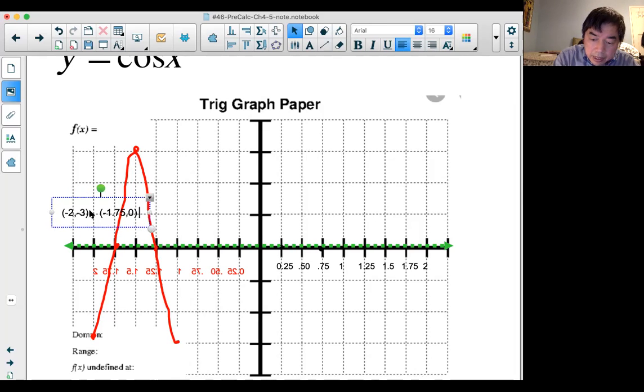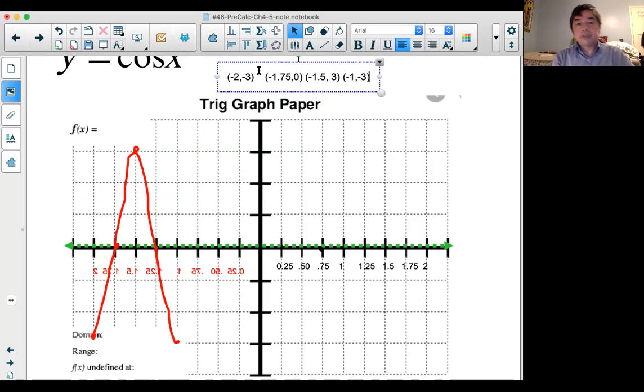And negative 1.5 and the max is 3. And again, 1, negative 1 and negative 3. Okay, so those are the coordinates I got from this.